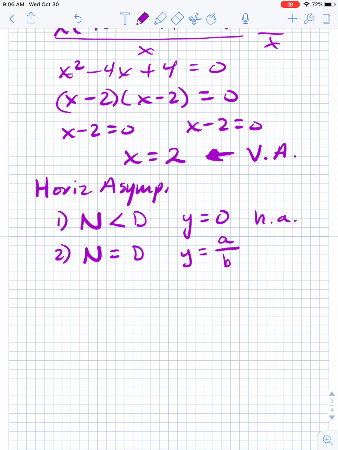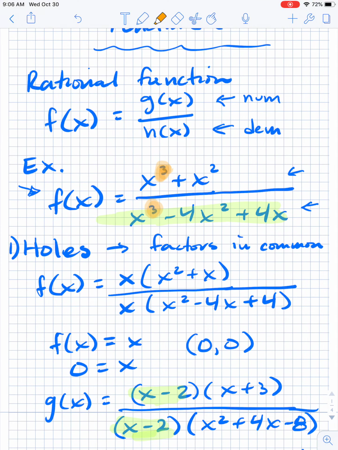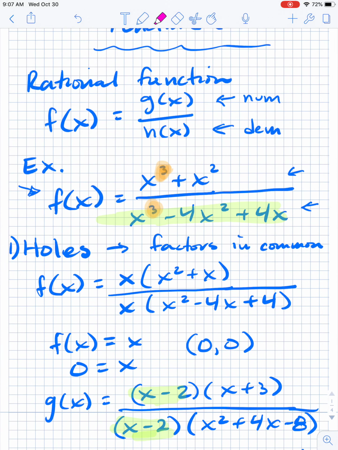So basically, if we go back to our example, I am looking at the leading coefficients. There's no number there, but the number that we are assuming is there is a 1, right? So for this one, it would be 1 over 1, which is just 1.